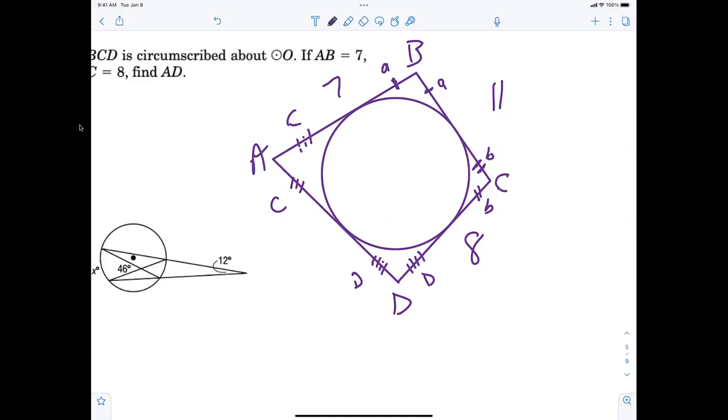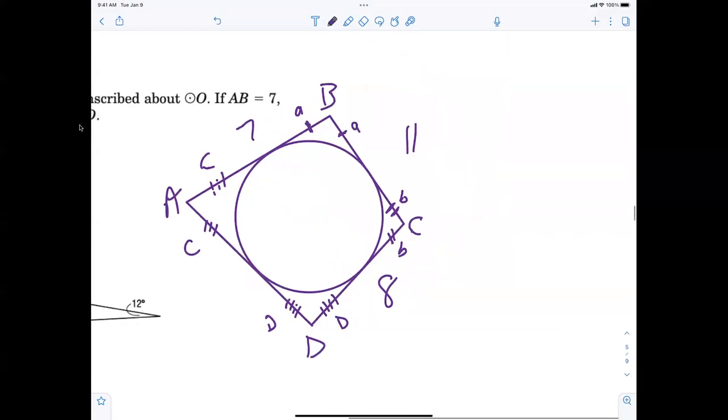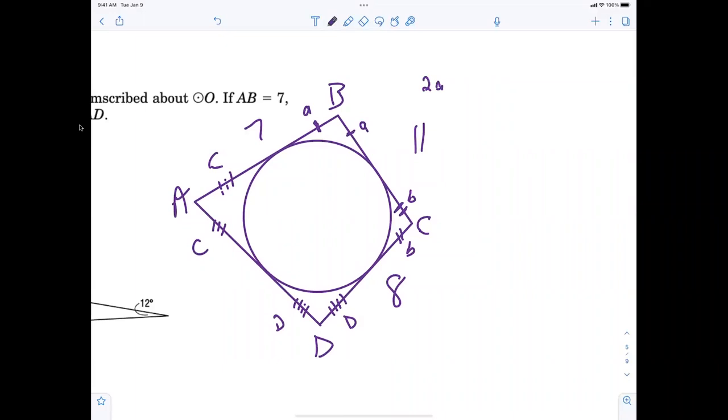Now, does everybody agree that the perimeter is going to have how many A's, how many B's, how many C's, and how many D's? Come on, guys, help me out. Tell me. Yeah, right. So everybody should write down 2A plus 2B plus 2C plus 2D is equal to the perimeter.